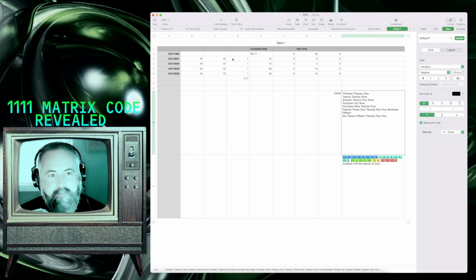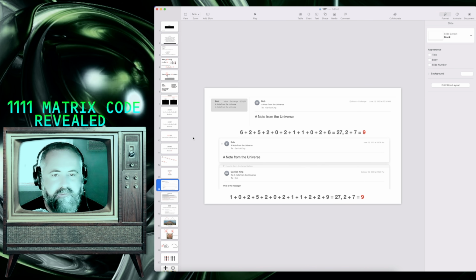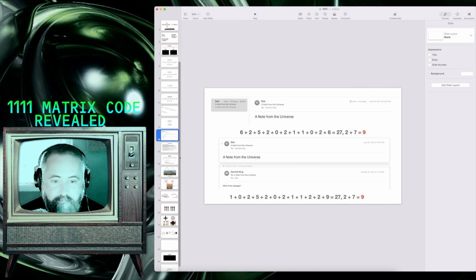Something else I want to point out. We have 5 dates here: 1982, 2001, 2020, 2039, 2058. 5 exact dates. Let's go back to the keynote. Remember those symbols that I said were coming to me that I was seeing being generated through these numbers?